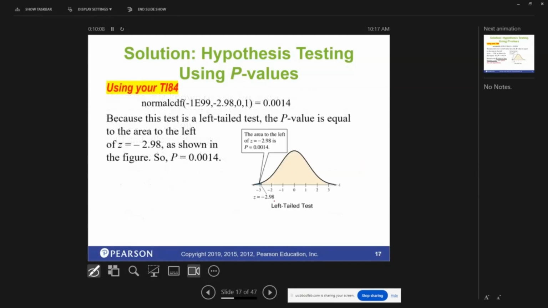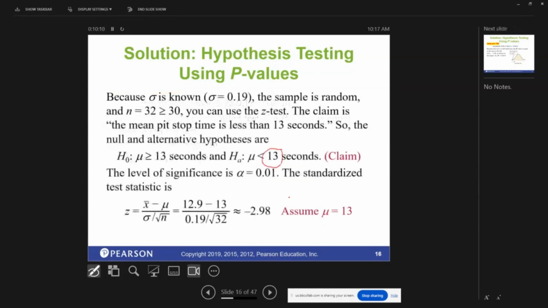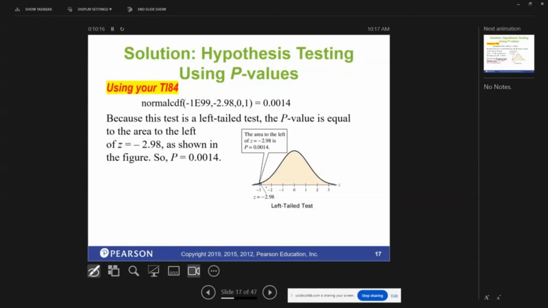Okay, so that means that when I look back here at my H sub A, it's less than, so I know I'm going to be using a left-tailed test. And this is what it would look like on the graph. This little blue part is what I want to find the area of. So we're going to put this in our calculator, normal CDF.